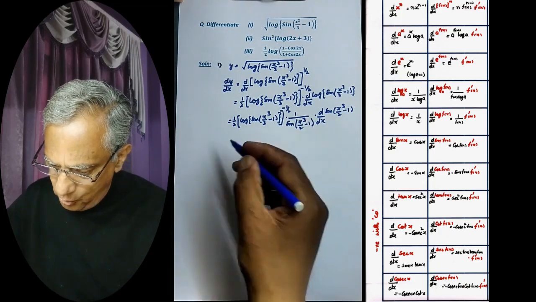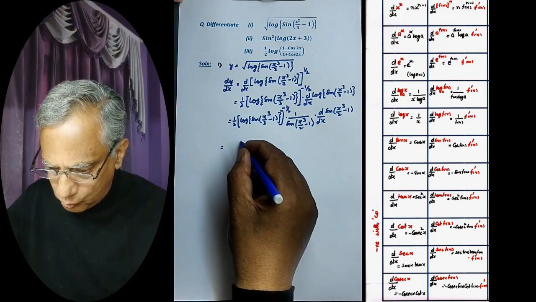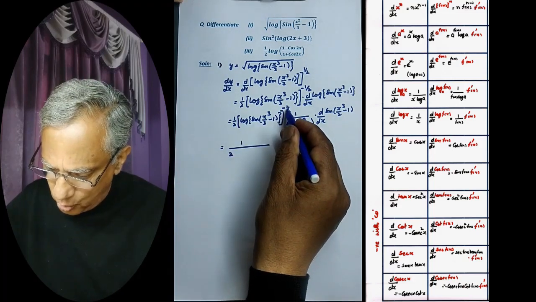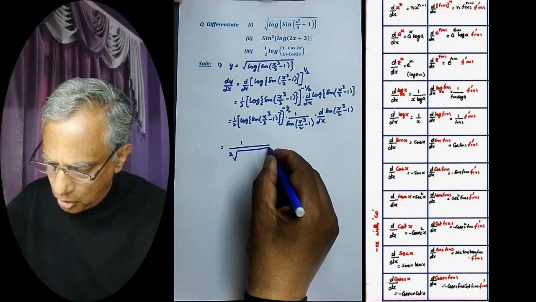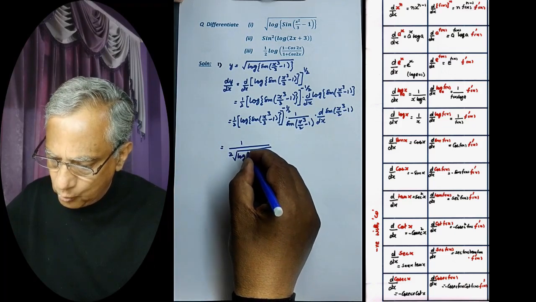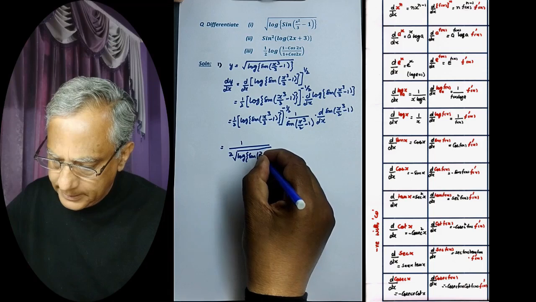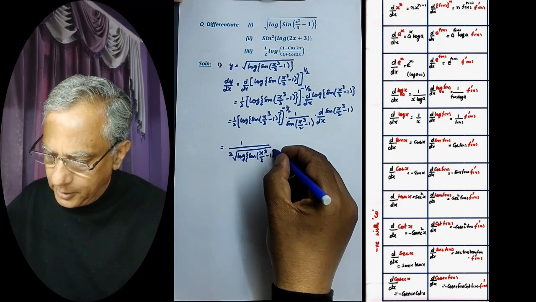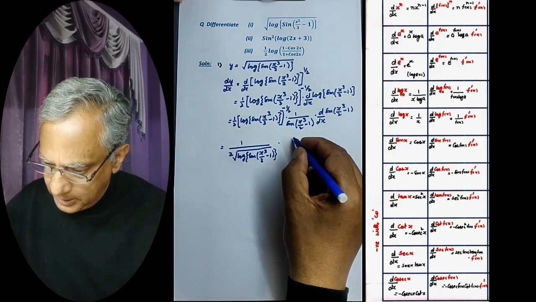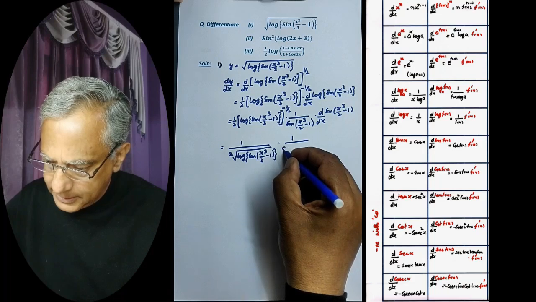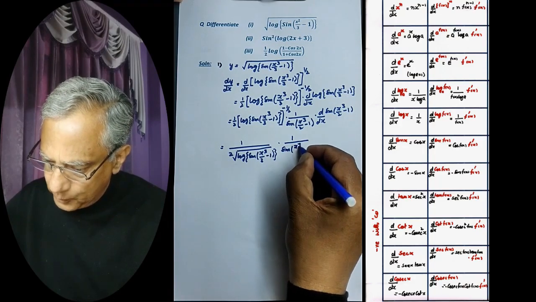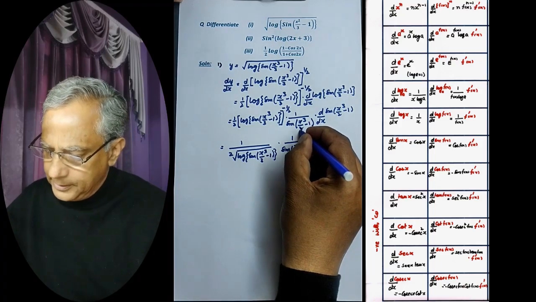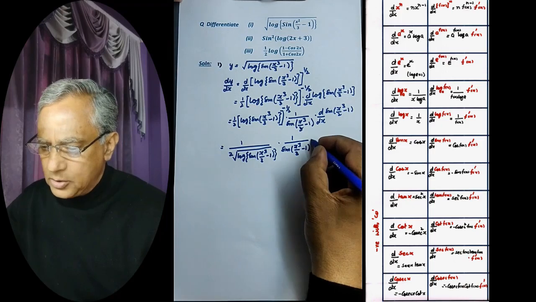So this is equal to 1 by 2, and this function to the power of minus half means under root of log sine x cube by 3 minus 1 into, this is 1 upon sine x cube by 3 minus 1. Here it must be x cube by 3. 3 minus 1 into d by dx of this.